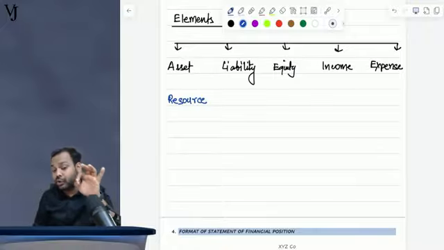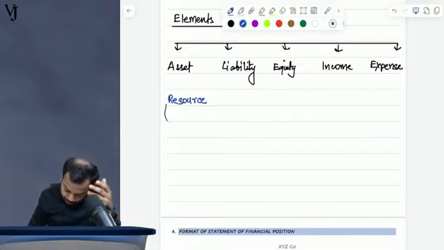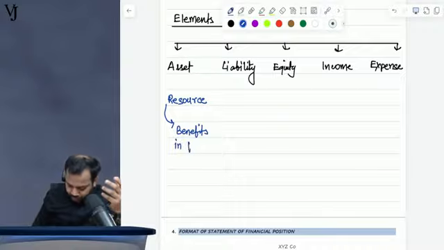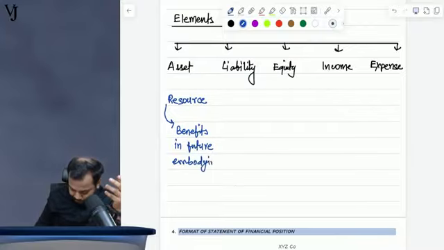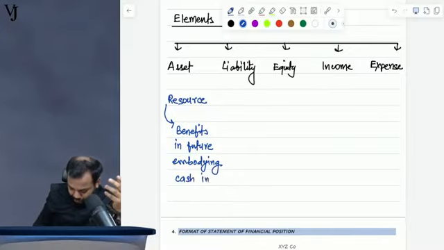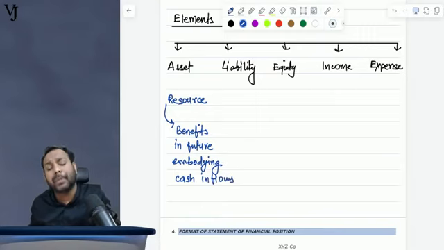Asset is a resource which will give me benefits in future, embodying cash inflows, or you can say future economic benefits.